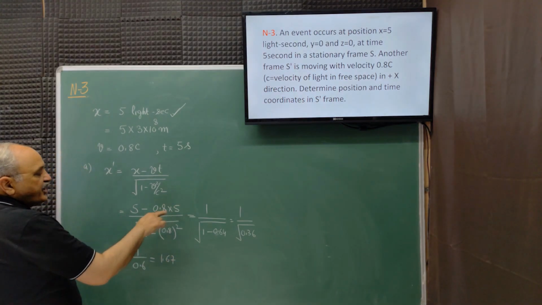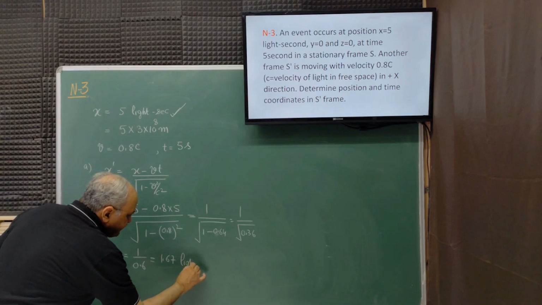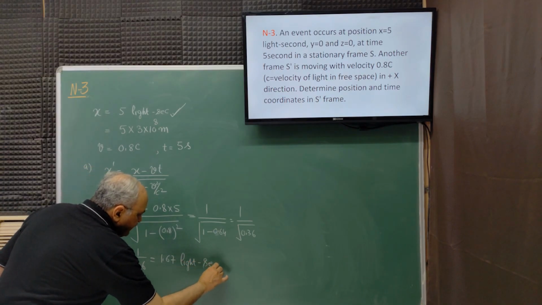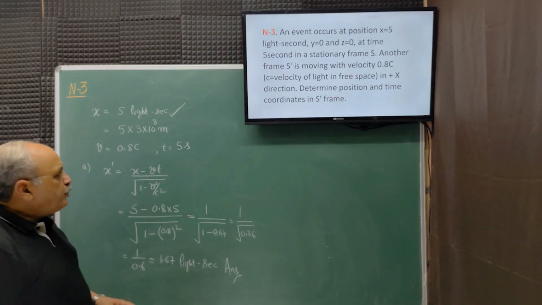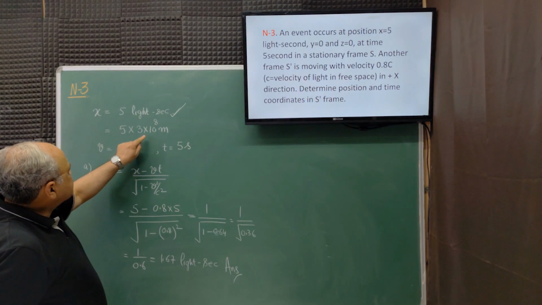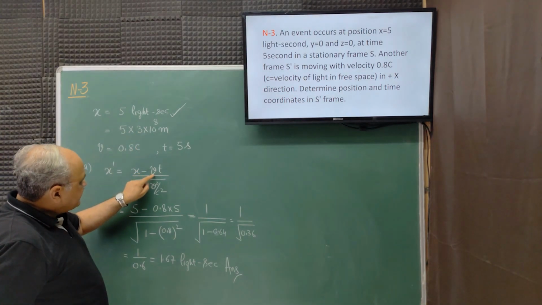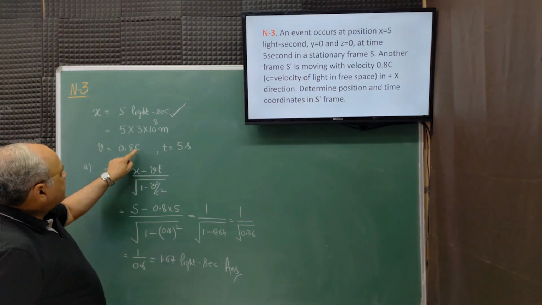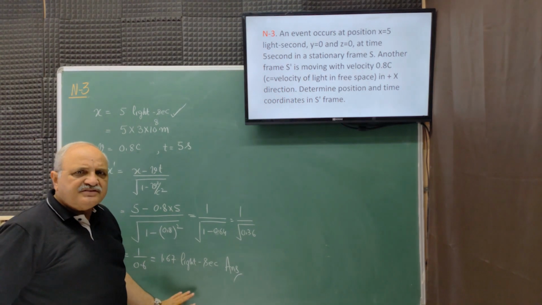Since I have not used c here, I must express my answer in light second. So this is the answer for the first part. You can also do it by taking this distance with the velocity v multiplied by the velocity of light, 3 into 10 to the power 8, and you will get a similar answer.